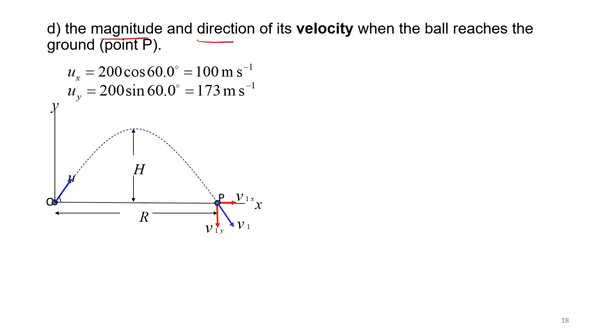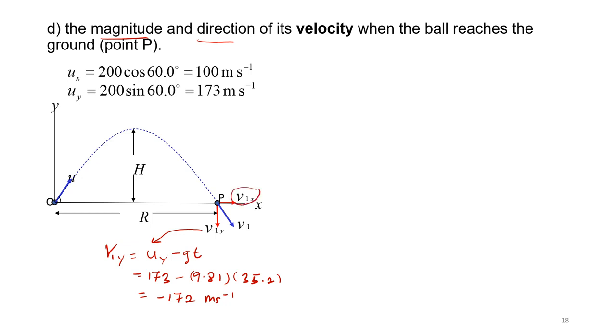Before we calculate V1, you must calculate V1Y. Equal Uy minus GT. Uy 173 multiply 35.2, we get V1Y negative 172 meter per second.